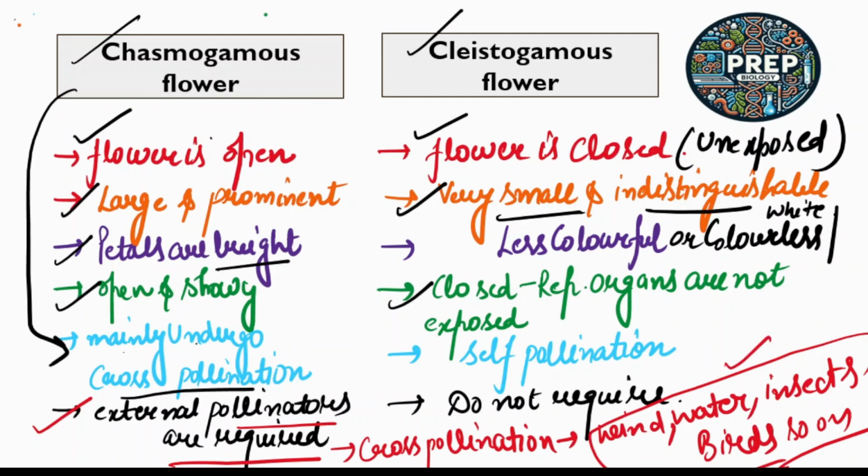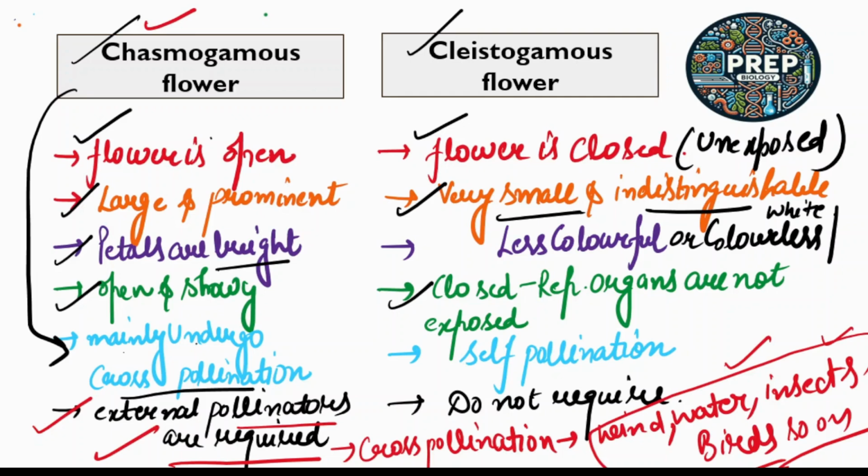These types of agencies we will discuss in coming classes. So in the chasmogamous flower different pollinators are required like wind, water, insects, birds, bats. There are different kinds of agencies which help in cross pollination, the transfer of the pollens from one plant to another, required in chasmogamous flower.